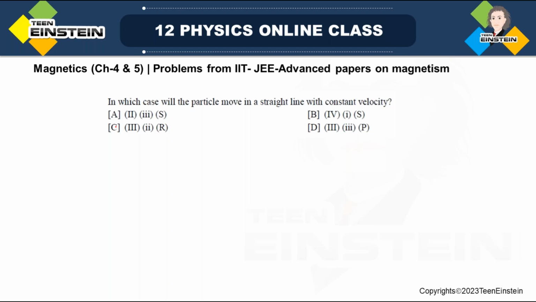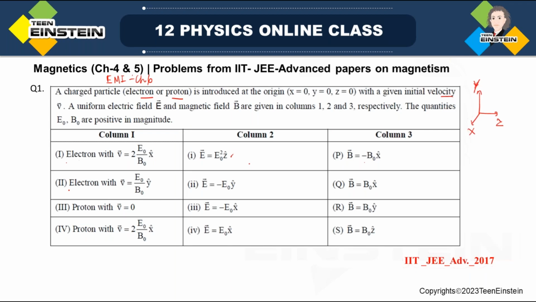So how do you answer this question? Look here at the options. See, this represents the electric field with the particle. This is the particle electron, given a velocity E0 by B0, right? And see this, the electric field.